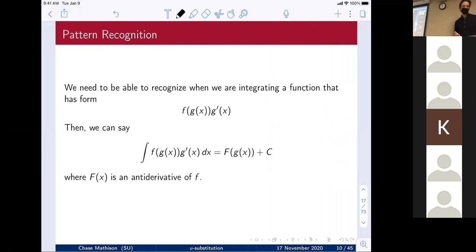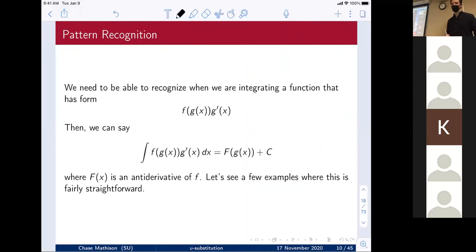Once you do that, we just are able to say that the integral of f of g of x times g prime of x is just capital F of g of x, where capital F is an antiderivative of little f, and then plus some constant.